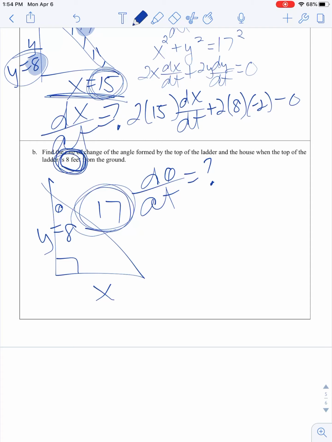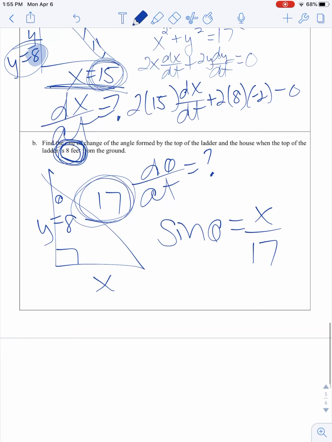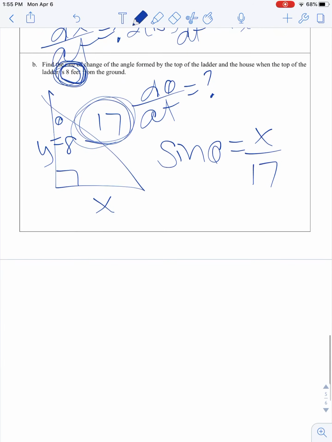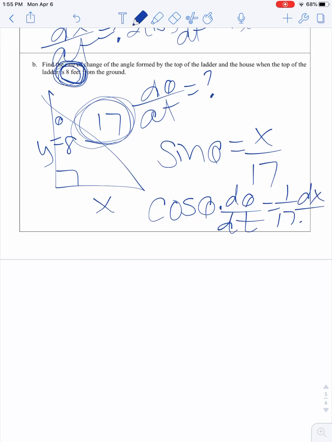It looks like the answer key used sine. That's funny, I would have used cosine. Anyway, all right, sine of theta, we write the equation. Sine of theta equals opposite over hypotenuse. There's our equation. We take the derivative. Derivative of sine of box is cosine of box times derivative of theta equals 1/17 dx/dt.